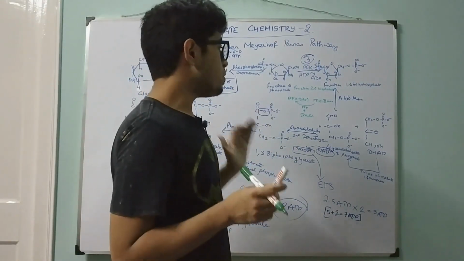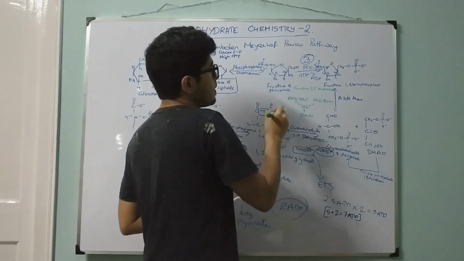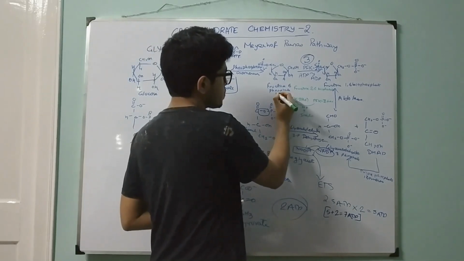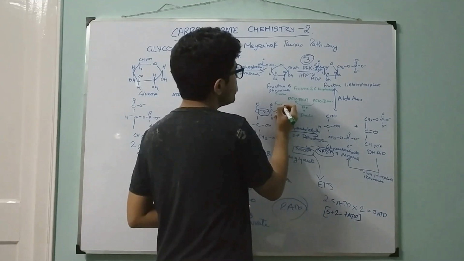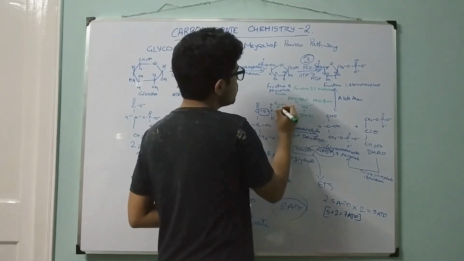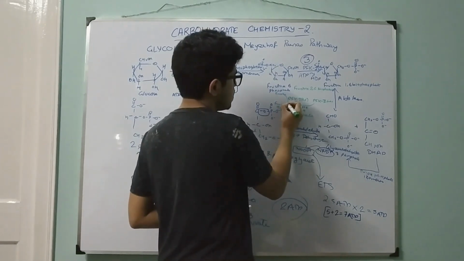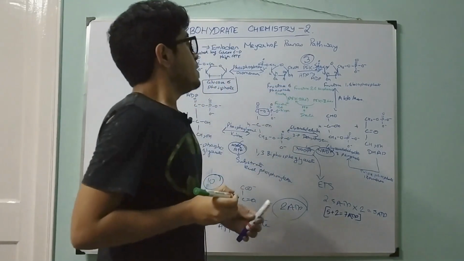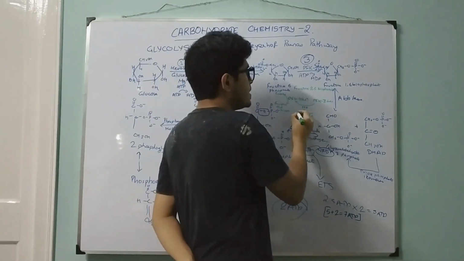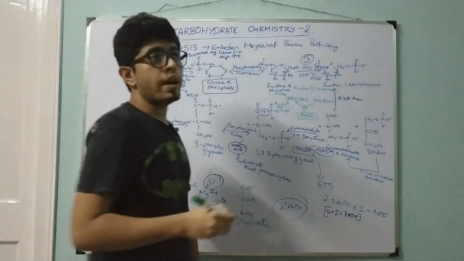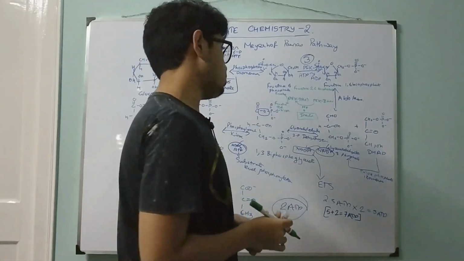And this phosphofructokinase 2, when activated, converts fructose 6-phosphate to fructose 2,6-bisphosphate. This happens when the insulin concentration is high, after a meal, when there is a lot of carbohydrate in our body.